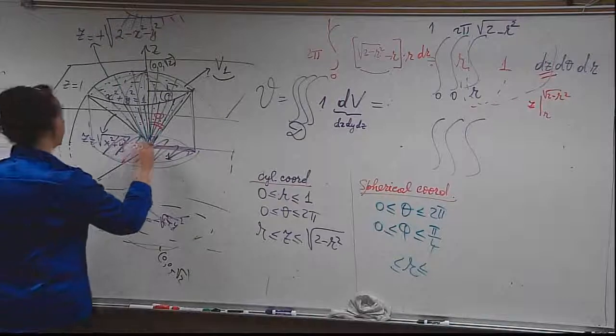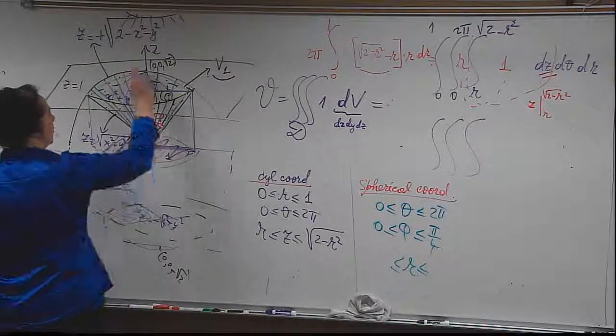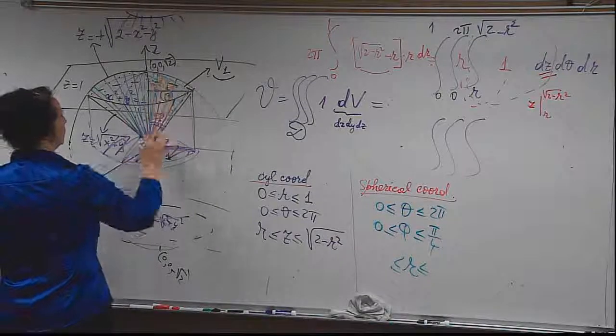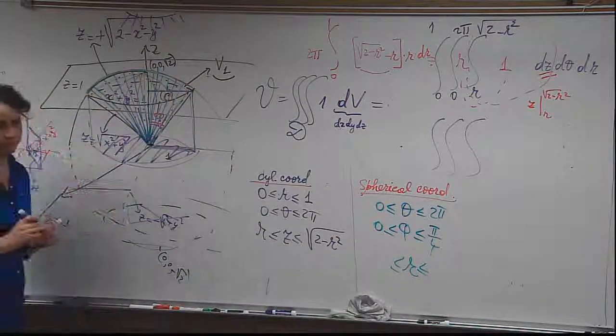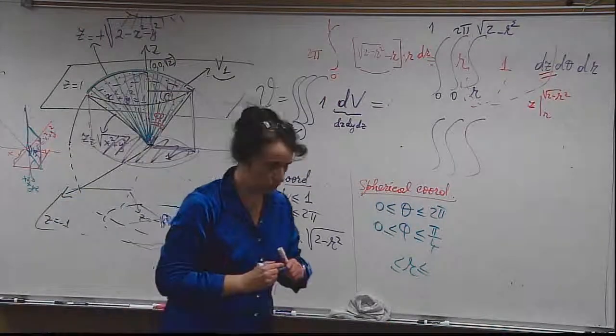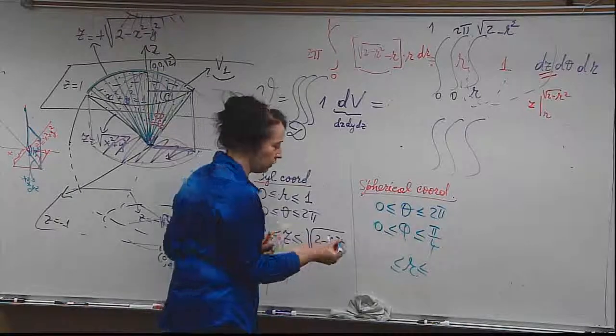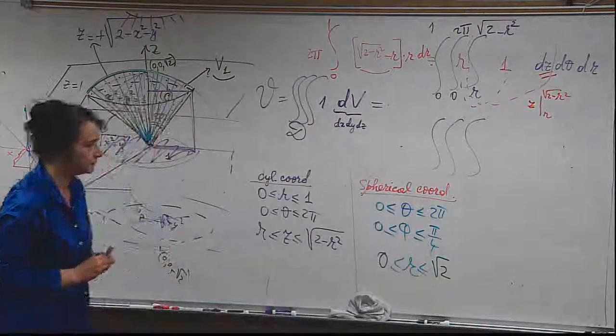Because you have rays of light coming from the origin, and they bounce against this profile, which is the profile of the sphere, which has radius square root of 2. So life is good for you in this case. Are you guys with me?